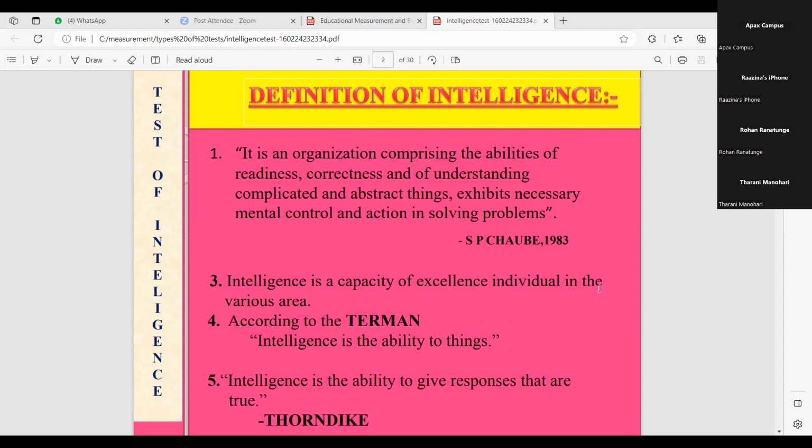Intelligence is a capacity of excellence in individuals in the various areas. According to the term, intelligence is the ability to think. Intelligence is the ability to give responses that are true, Thorndike says. You must have heard a lot about Thorndike.